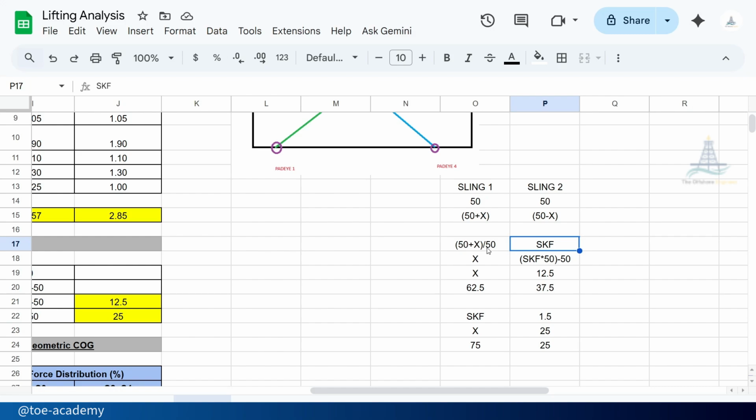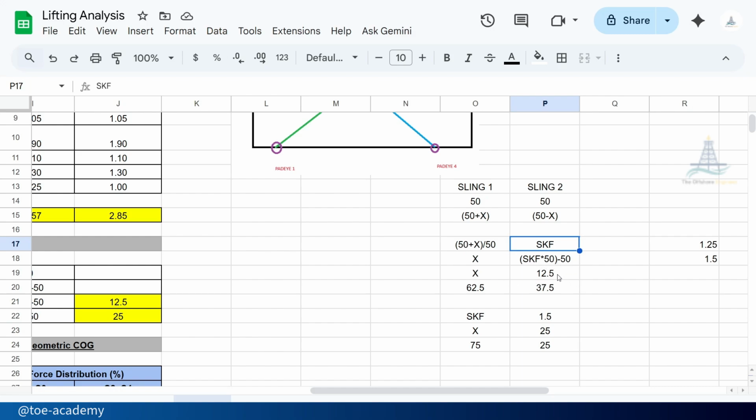Now let's say, here I am defining the skew factor. DNV recommends 1.25, but some people will recommend 1.5 for heavy structures. So this is very conservative. But now let's understand what happens if the skew is 1.25. If the skew value is 1.25, X is equal to skew factor times 50 minus 50.